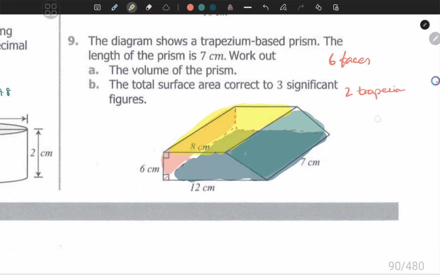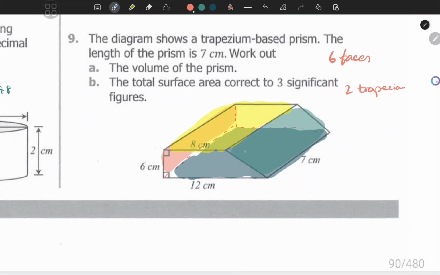So when we're looking at these 4 rectangles, the one at the back, which is 6 times 8, the one at the bottom, which is 12 times 7, the one which is in the front, which is 7 times this length.